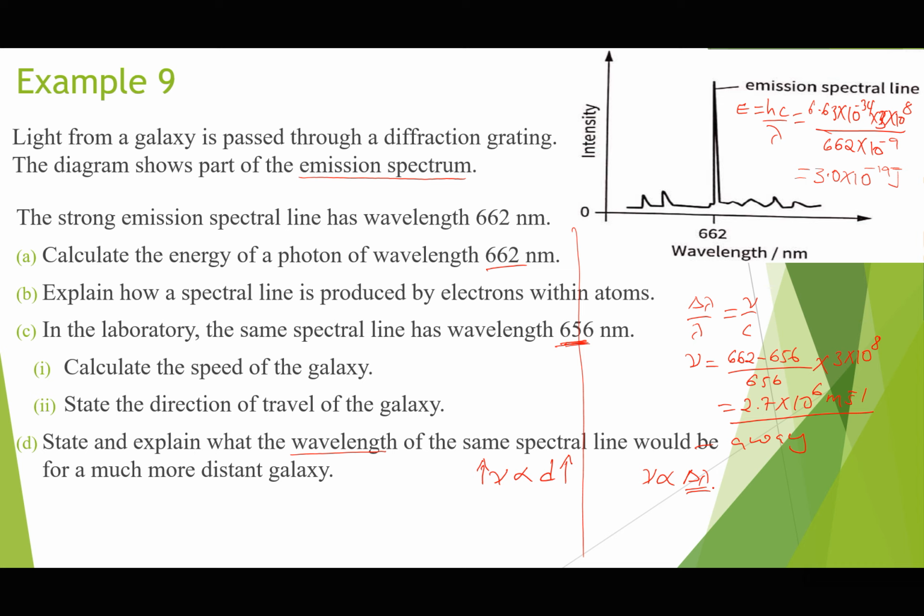The known value in the laboratory remains 656, and the change is the observed wavelength from the galaxy minus the known value. Because the change in wavelength is bigger, the observed wavelength is going to be much greater, much longer. So the wavelength of the same spectral line is going to be much longer for a more distant galaxy.